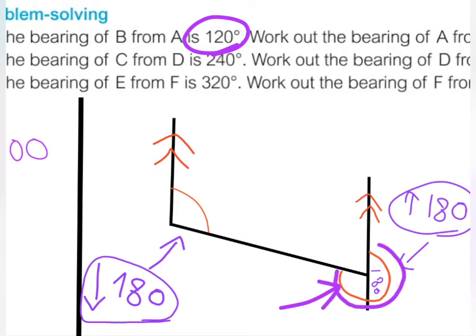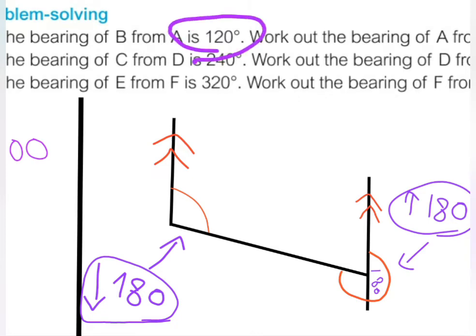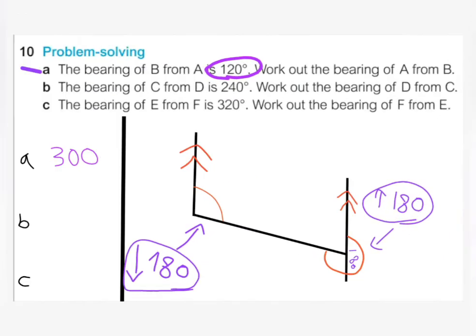And we get the other bearing angle. This is how we do it. Now, if we don't want to do the diagram, it's easy. If it's bigger than 180, we subtract 180. If it's smaller than 180, we add 180. Now 120 is smaller, so we added 180 to get 300.